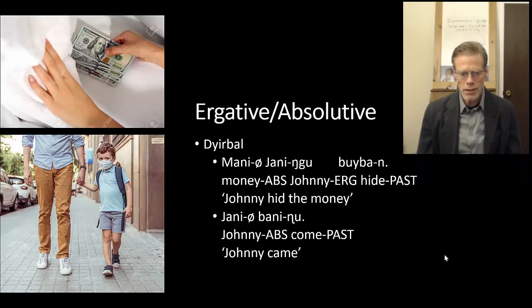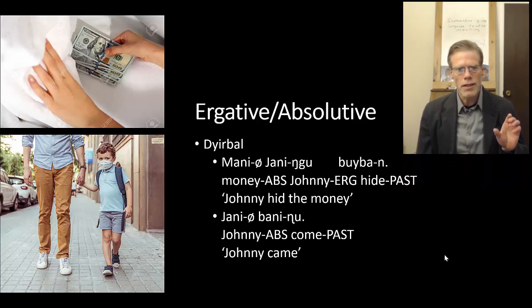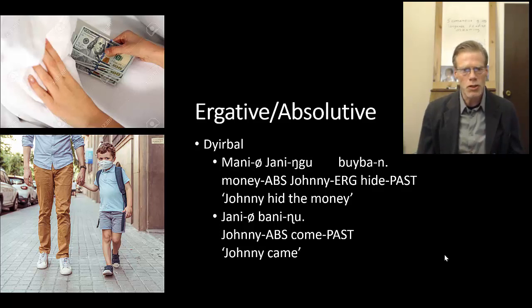Now, the other possibility is that you've got the I subject and the object treated the same. That would be an ergative absolutive language, such as Gerbil. So I don't think I can actually pronounce the words in this very well, so I'm not even going to try. But what I want you to notice is that in the first one, Johnny hid the money, money has an absolutive suffix, and Johnny has an ergative suffix.